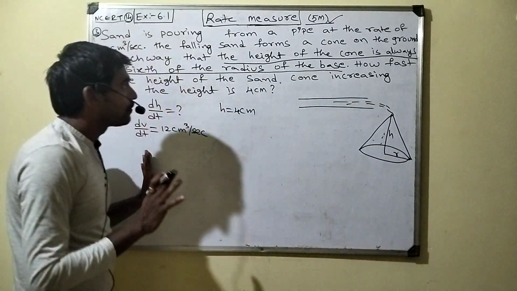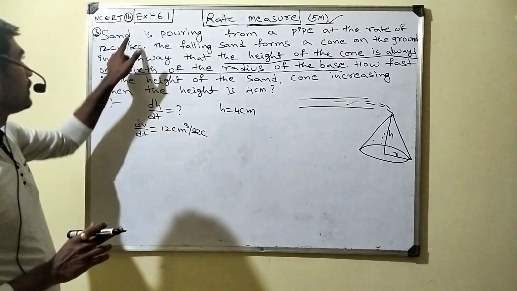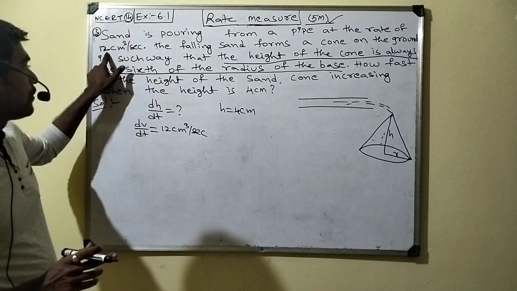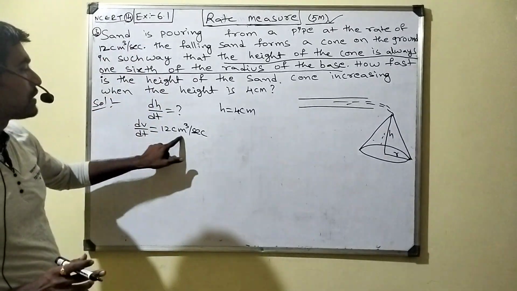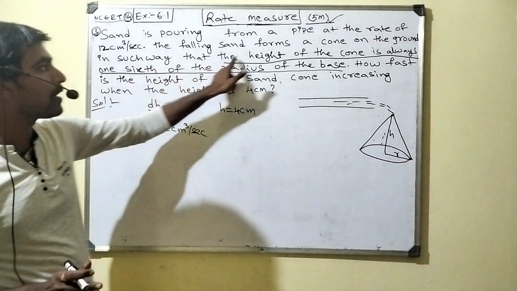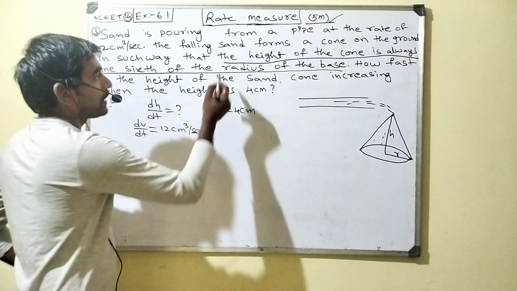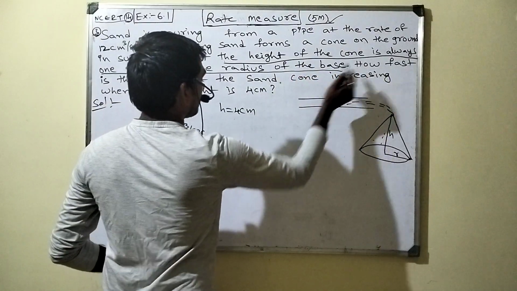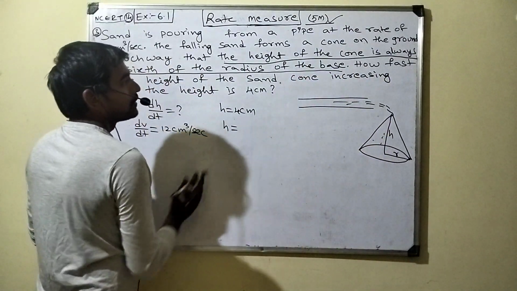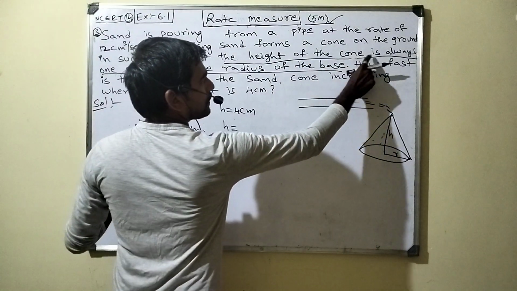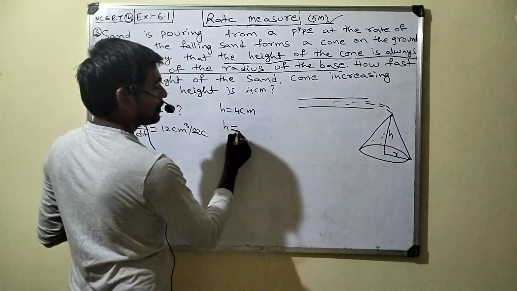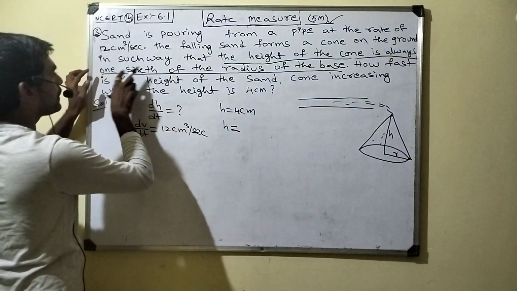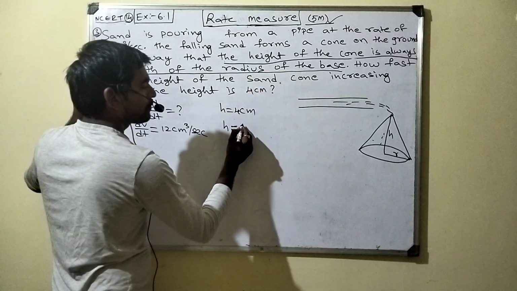Now let me start. What did you understand from the given question? They have given the volume change, dV by dt, 12 centimeter cube per second. Now underline the height of the cone is always 1/6 of the radius of the base.